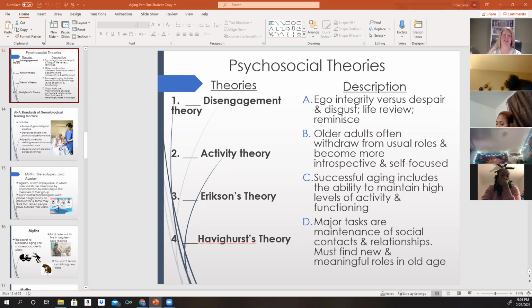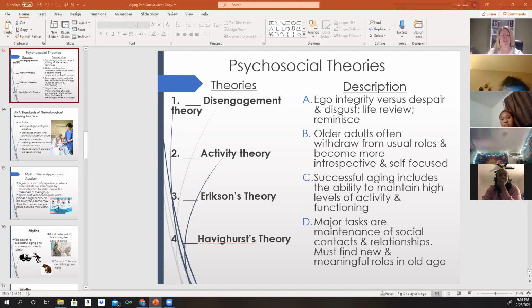You should be exercising. You should be doing things that engage your mind, like playing certain games like Sudoku and things like that. Then we have Erikson's theory, which is ego integrity versus despair and disgust. So this is where you are doing a life review, you're reminiscing about certain things.